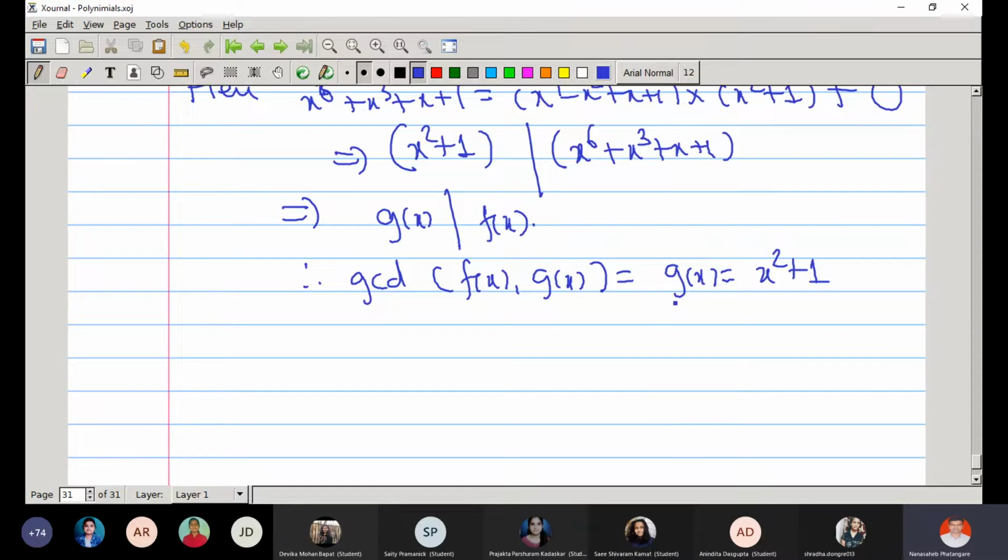So GCD is x square plus 1. Actually f(x) is x square plus 1 into x raised to 4 minus x square plus x plus 1. So g(x) is a factor. GCD is g(x). Is it clear?